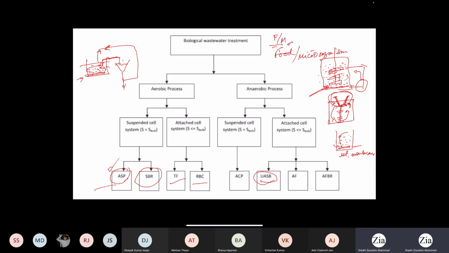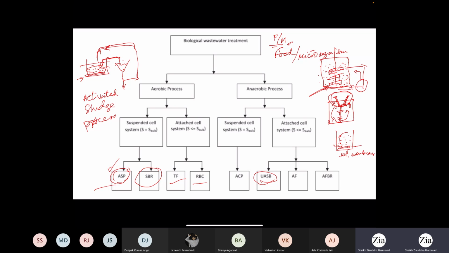This sludge gets separated in the settler, and some portion of this active organism, or active sludge, goes back to the reactor. That's why this process is known as the activated sludge process. So instead of calling it a CSTR with cell recycle, you call it an activated sludge process, meaning you are dealing with active sludge.